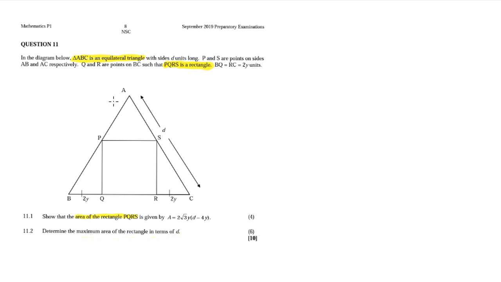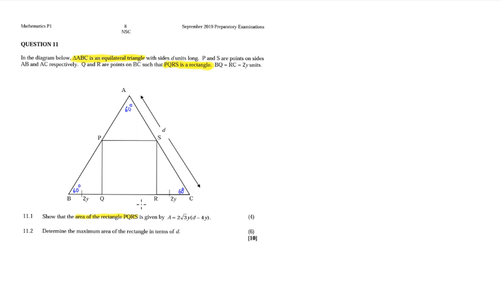Okay, let's start off by populating our diagram with the given information. The first thing they gave to us is that ABC is an equilateral triangle. So we can put in 60 degrees as our interior angles, because for an equilateral triangle, the interior angles are all 60 degrees.